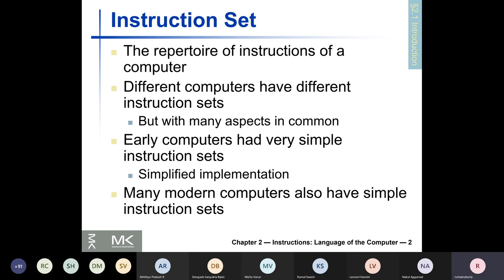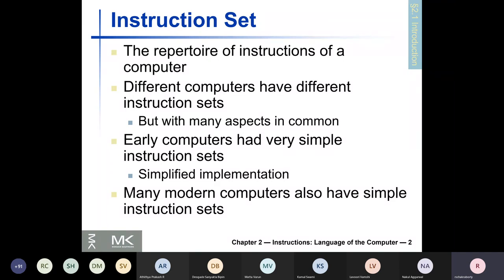Okay, so you must have studied CISC and RISC architectures, complex instruction set and reduced instruction set architectures. Computer, at least in this slide, is used interchangeably with a microprocessor.